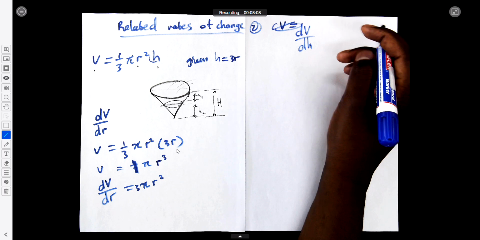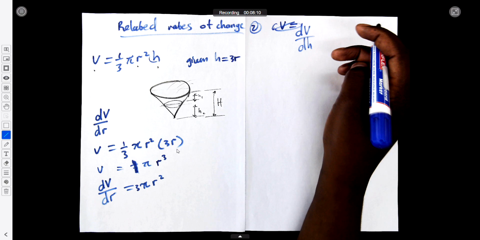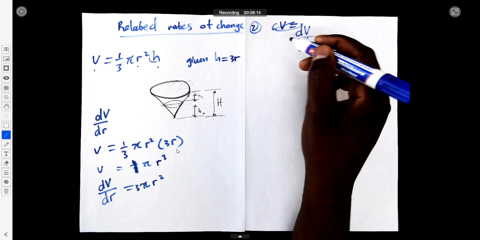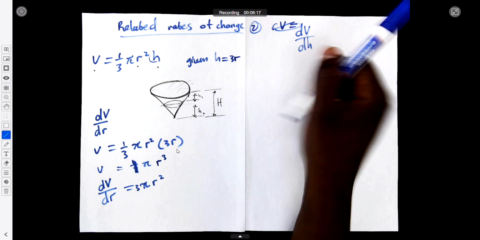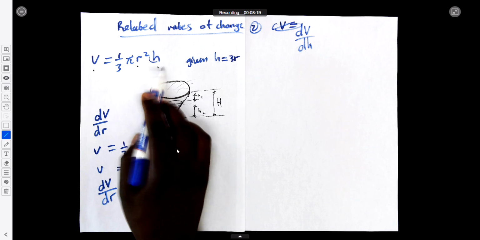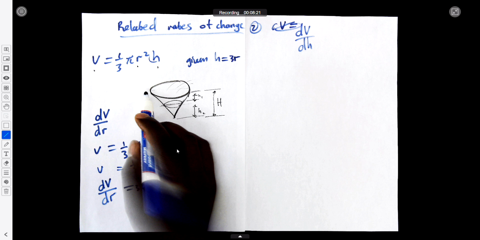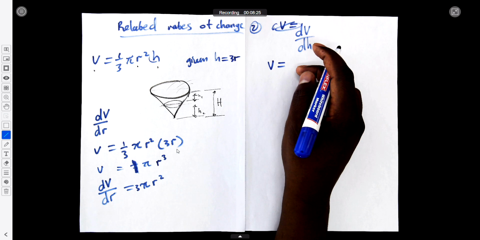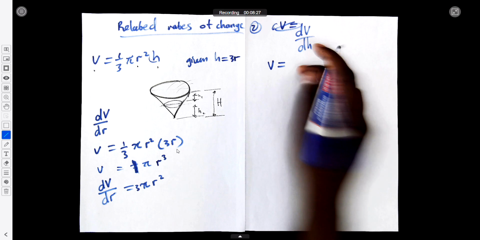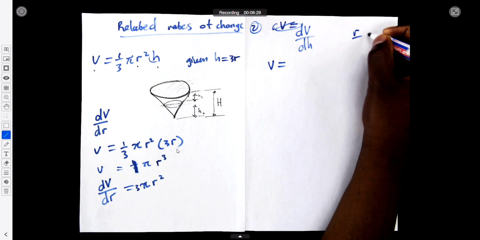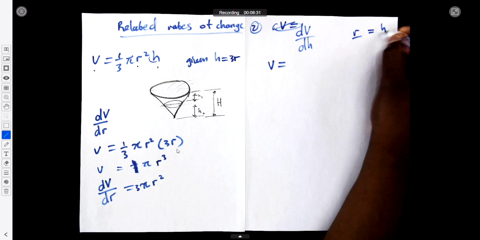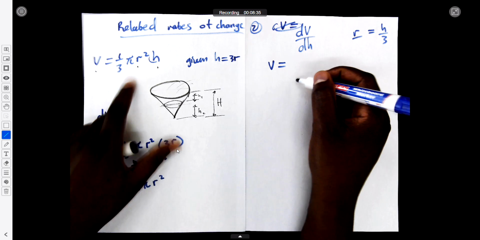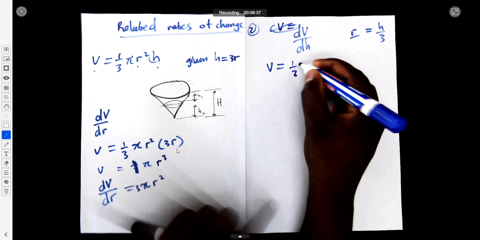For an easier case, you can keep R as constant, because we are saying now we need to change the volume in terms of H. But as we're given H is equal to 3R, R will be equal to H over 3. So I want us to derive in terms of H now. So we leave the function in terms of H, 1 over 3 pi.